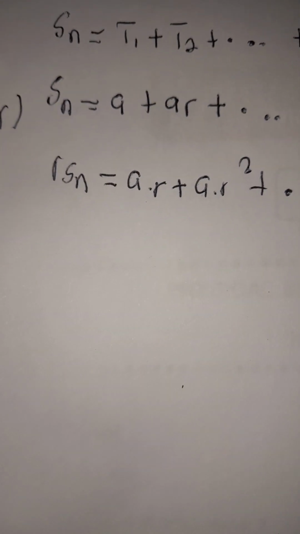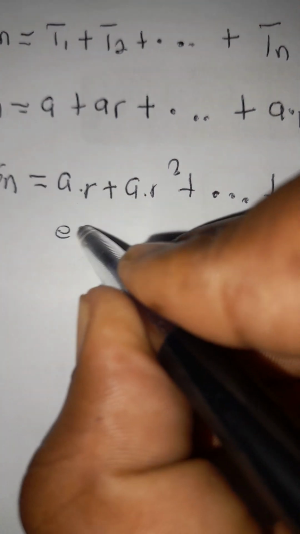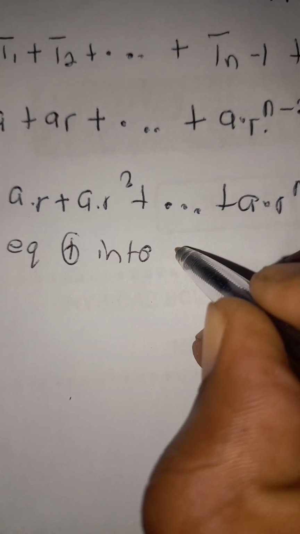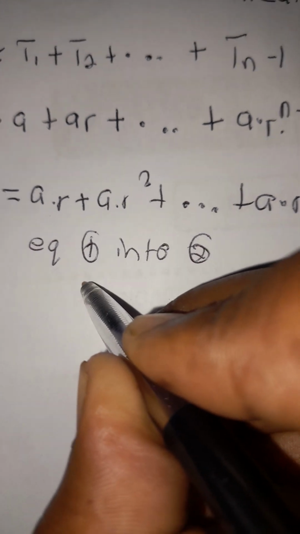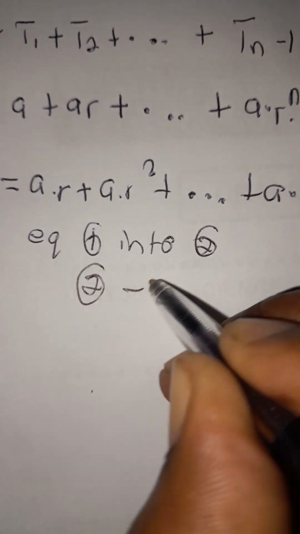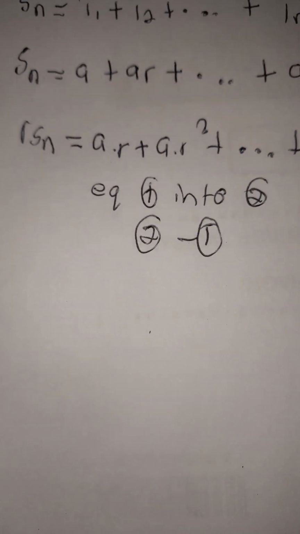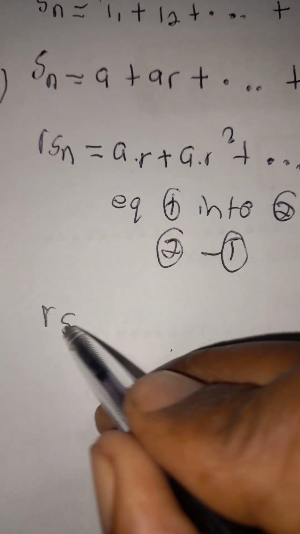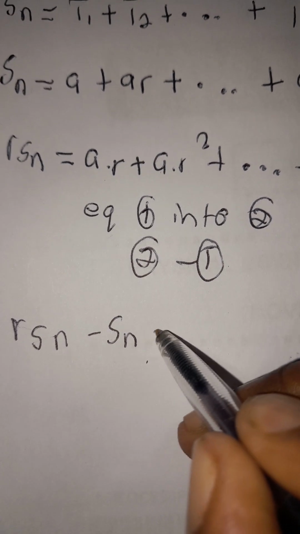So guys, to obtain equation 2, you multiply by the constant ratio, or the common ratio. We are not done. We need to derive the formula. We are going to say equation 2 minus equation 1. When we say that, we are going to have rSn minus Sn.